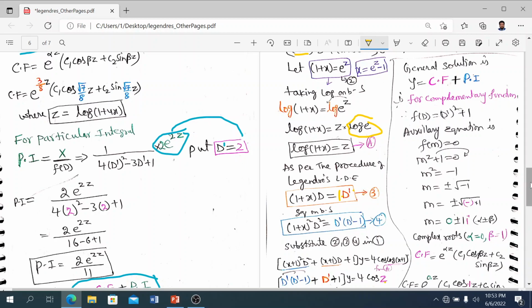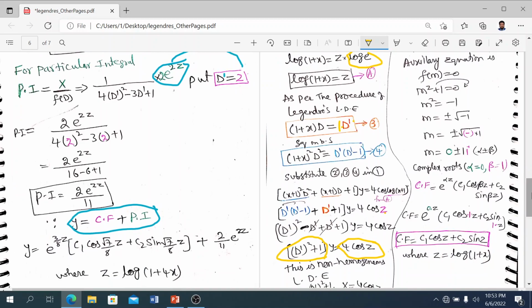So the complementary function is e power alpha z (c1 cos beta z plus c2 sin beta z). Alpha means 0 into z, c1 cos 1z plus c2 sin 1z. E power of 0, any number power 0 is 1. So c1 cos z plus c2 sin z, where this z is equal to log(1 plus x). This is our complementary function.